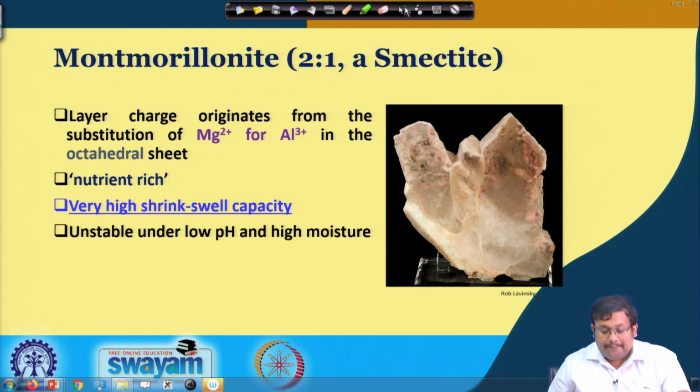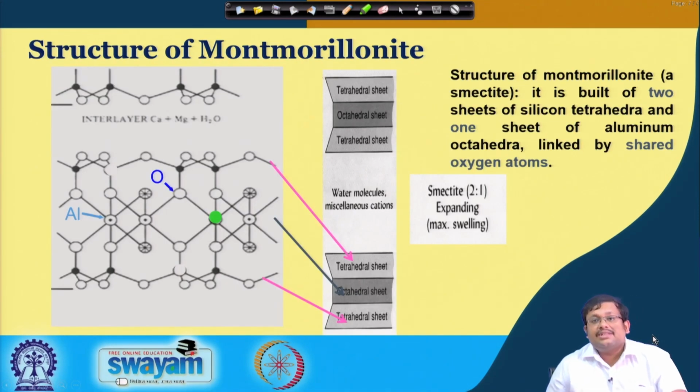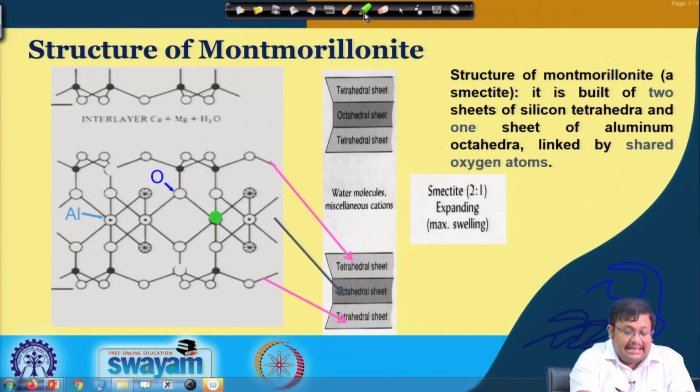So, if we go ahead and see the structure of montmorillonite, this is what it looks like. Basically, this is one layer, and this is another layer, and in this 2:1 type of layer you can see at the octahedral layer one aluminum, so it is a dioctahedral structure.